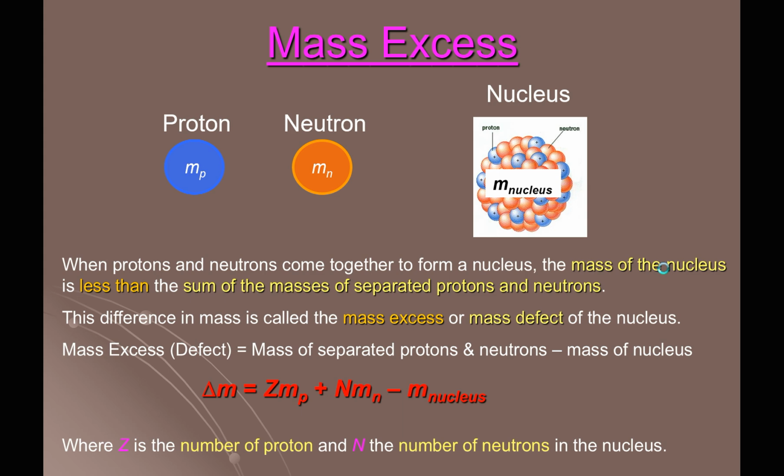Z is going to be the number of protons and N is going to be the number of neutrons. Of course, Mp is going to be the mass of a single proton and Mn is going to be the mass of a single neutron. M nucleus is going to be the mass of a stable nucleus. So we now know what we mean by mass excess.